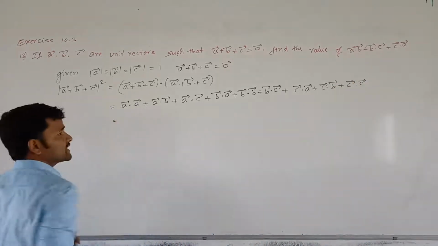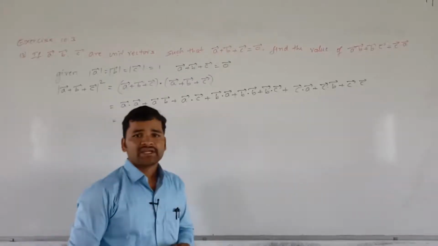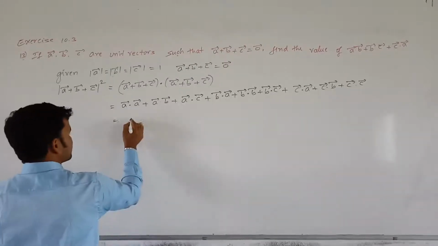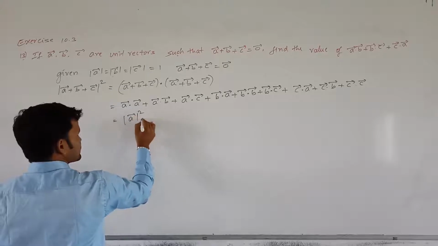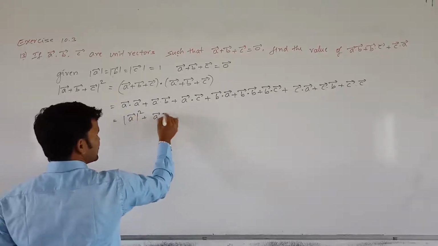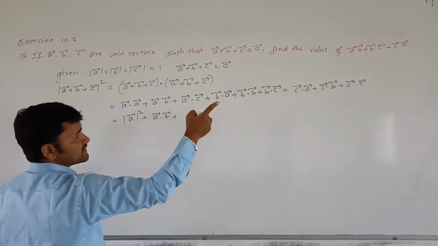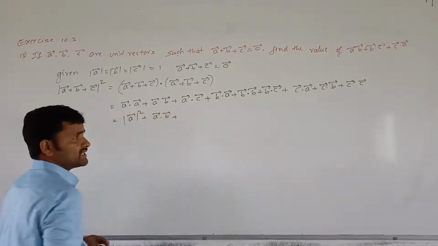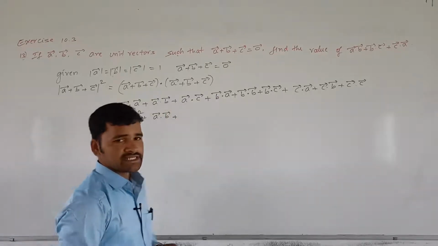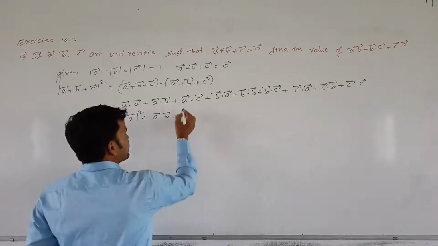Okay. What is A dot A? A dot A is magnitude of vector A square. Next, A dot B, let it be as it is. We want C dot A, A dot B can be written as C dot A because dot product is commutative.